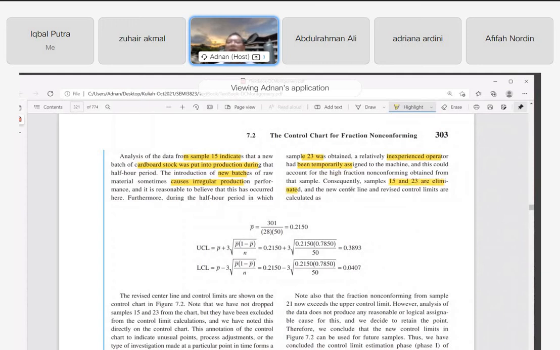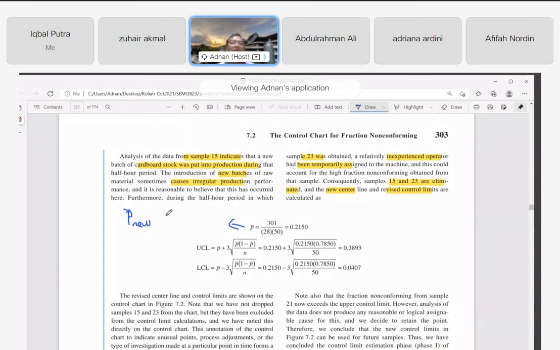And the new center line and the revised control chart are now being introduced. So we have to calculate P bar new, or revised P bar.